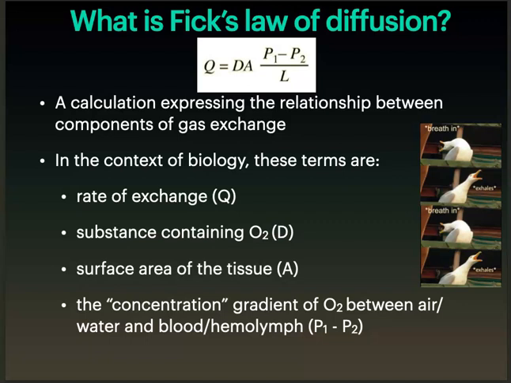And so again, this is the difference in the concentration, or really the partial pressure of oxygen in the air or water, depending on what the organism is breathing, and the tissues that are receiving the oxygen. And so that gradient, you want that difference to be as great as possible to maximize the rate of exchange.